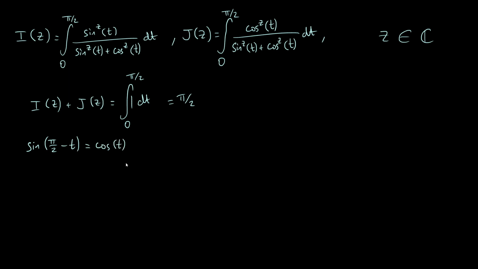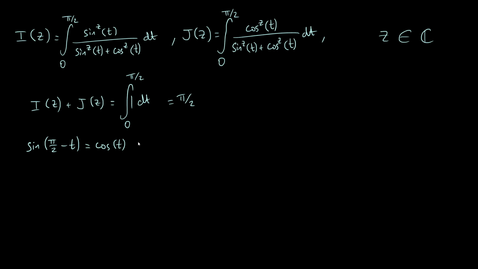And you can see that in two ways. Firstly, you can just look at the curves of sine and cos and see that one is just like a shifted version of the other, or you can use a double angle formula. If we expand this expression on the left, you get sine pi over 2 cos t minus cos pi over 2 sine t, and because cos pi over 2 is 0, we only get the first term, and sine pi over 2 is 1, so it just turns out to be cos t.